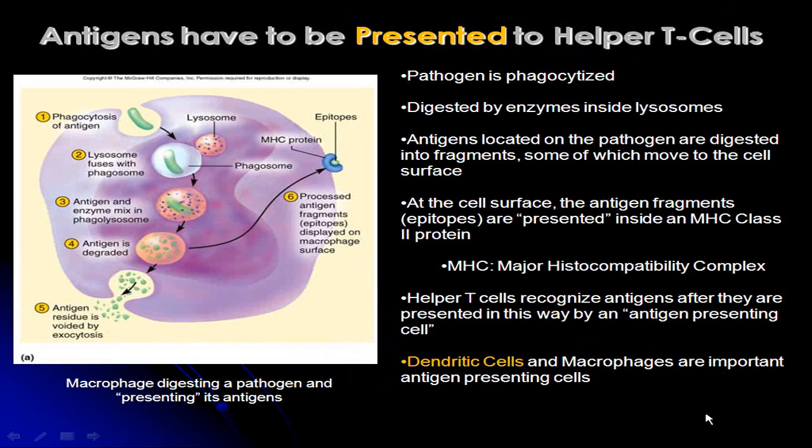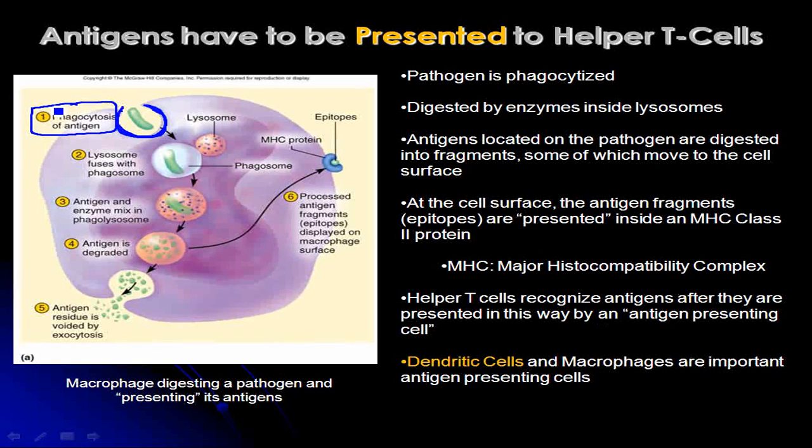Okay, so dendritic cells and macrophages, what they do, you have phagocytosis of something that's non-self, like a bacterium or a virus or whatever. Now this type of phagocytosis is happening as part of your innate immunity, like we've talked about before, because you haven't really made antibodies yet in a lot of cases.